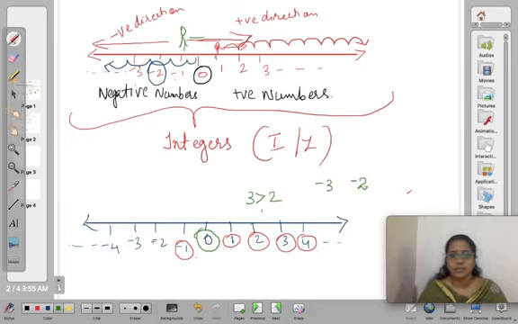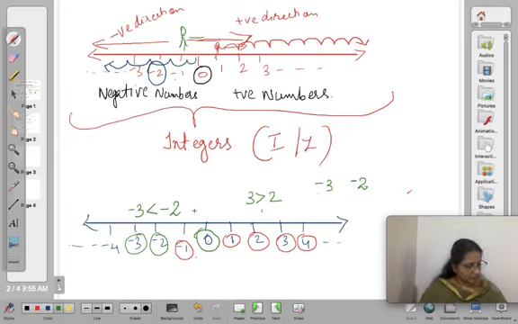Negative 3 is here and negative 2 is here. Then what we'll get? Negative 3 is less than negative 2. Clear?